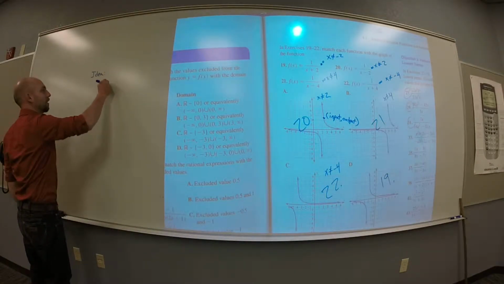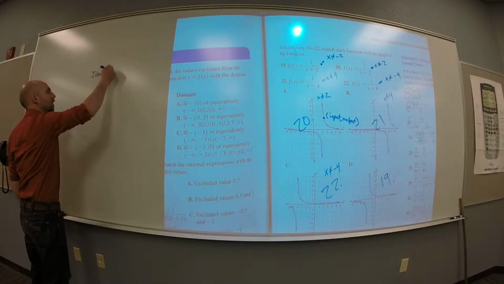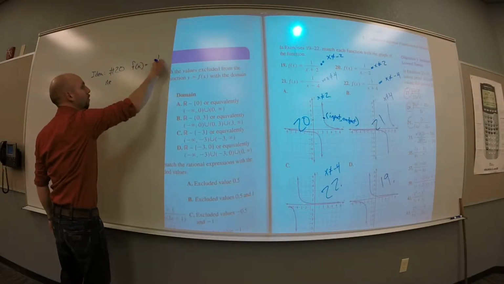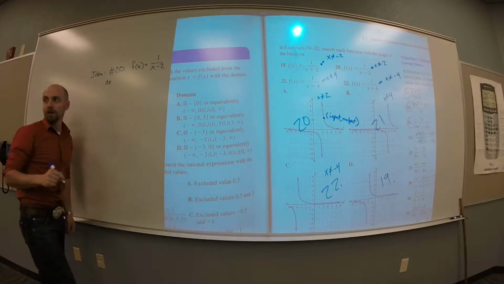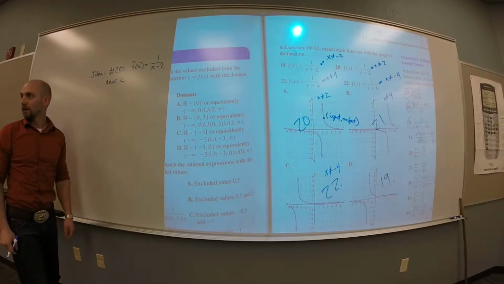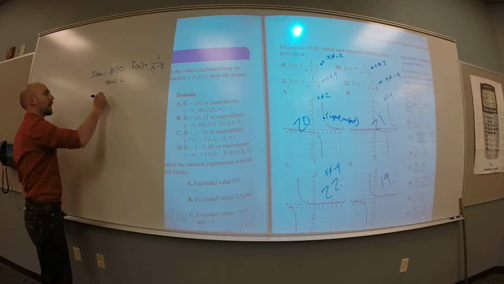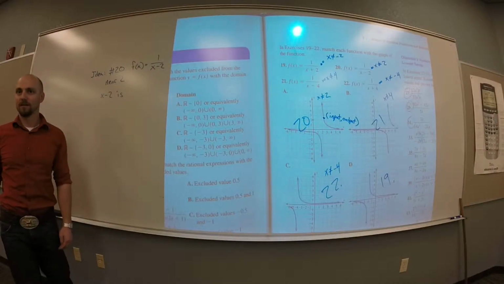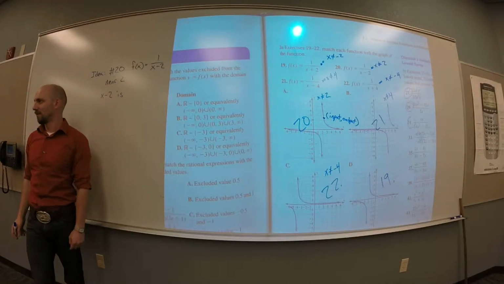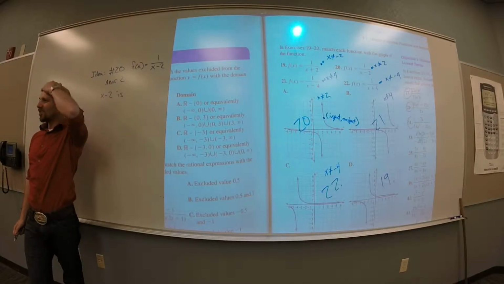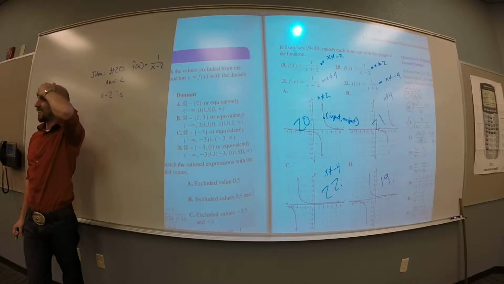Well, on number 20, f of x is 1 over x minus 2. So I think to myself, near 2, when x is almost 2, what's x minus 2?